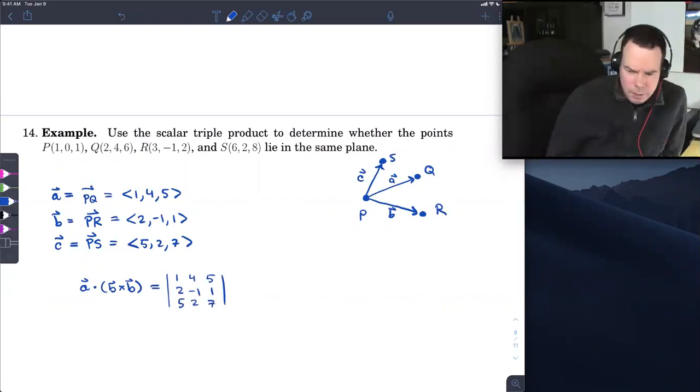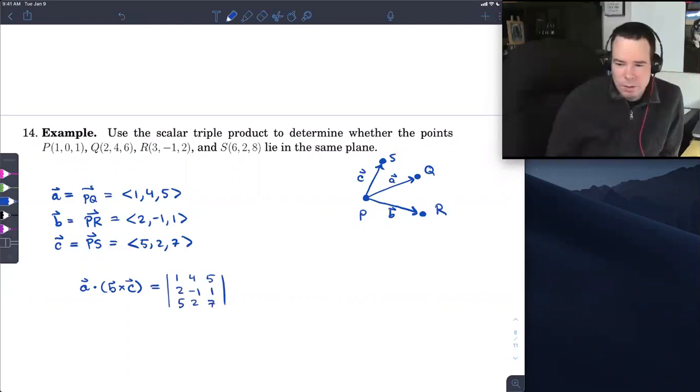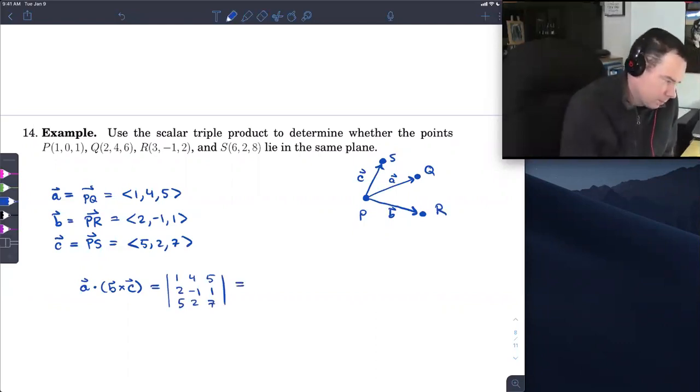And then, oh, sorry, that's B cross C. And then taking the determinant. So that's how we can do the scalar triple product with our memory device for the cross product. And so this is going to be our 1 times this determinant here. So that's 1, and then negative 7 minus 2.